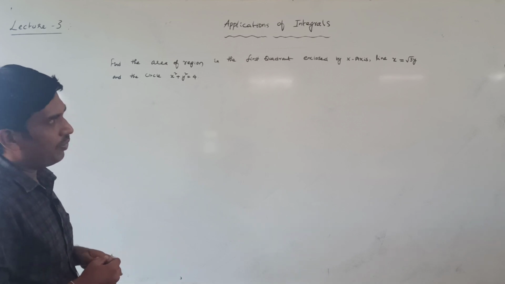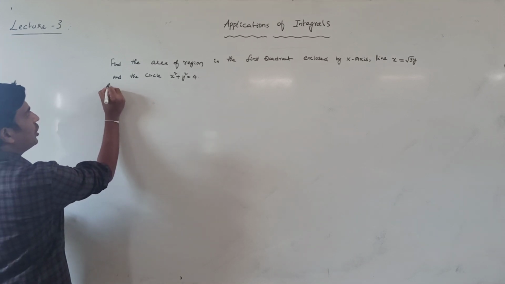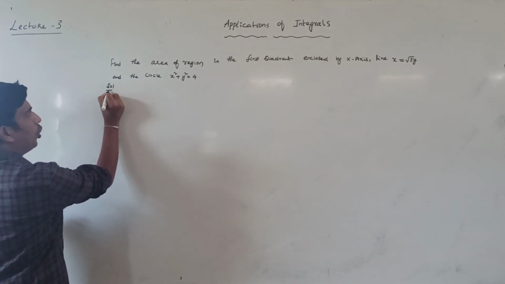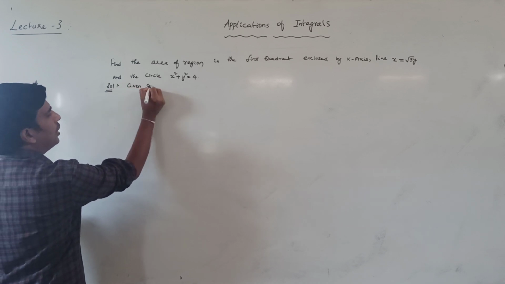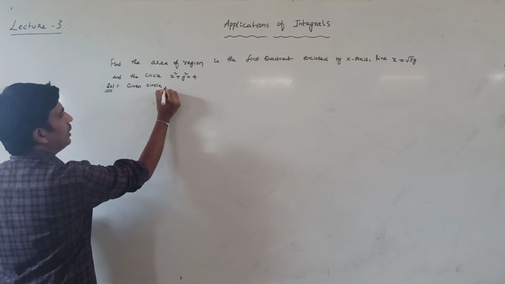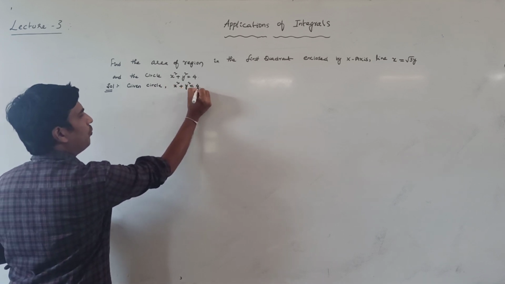So one by one, before going to draw the diagram, first given curve equations we have to know. Important problem. So solution. So given circle. So what is given circle equation? X square plus y square is equals to 4.